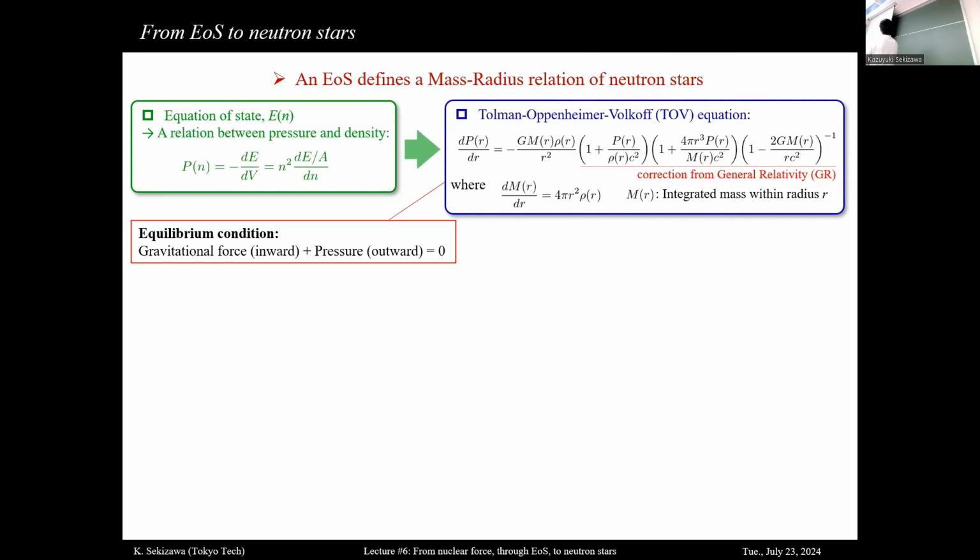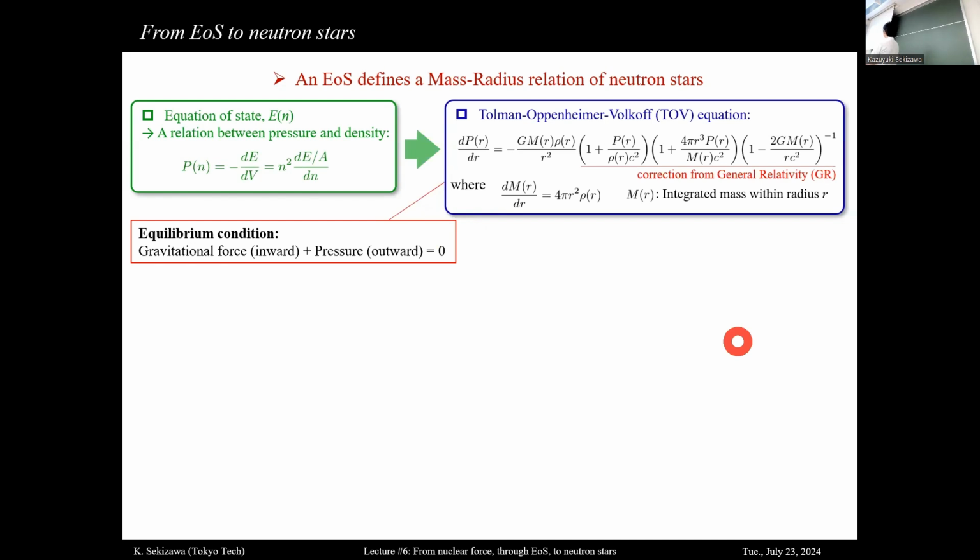If you look at the first part of this equation, it is just a Newtonian equilibrium condition. And these factors with the red underline are corrections from general relativity.